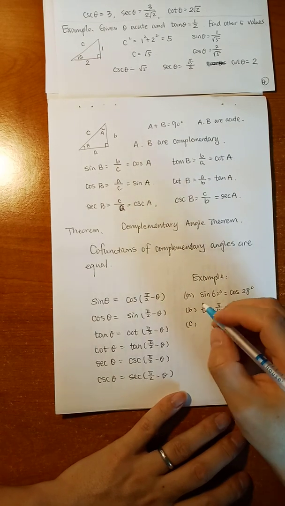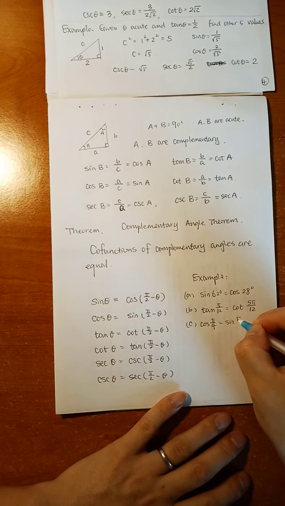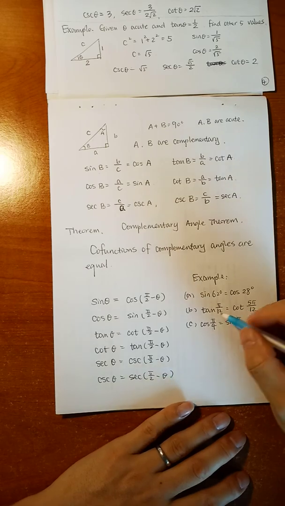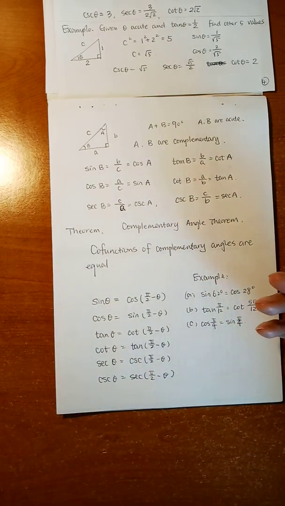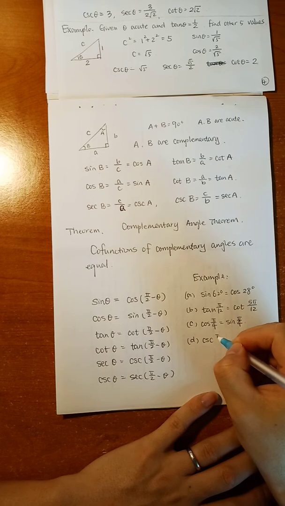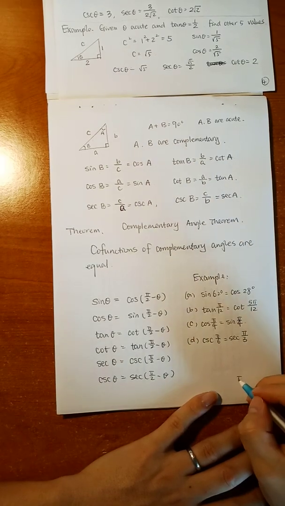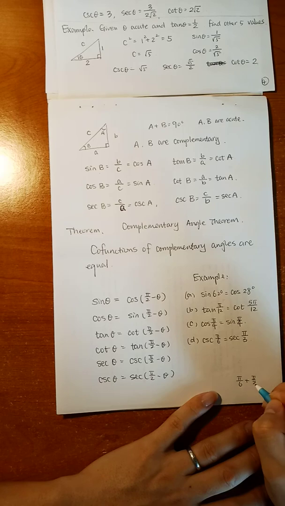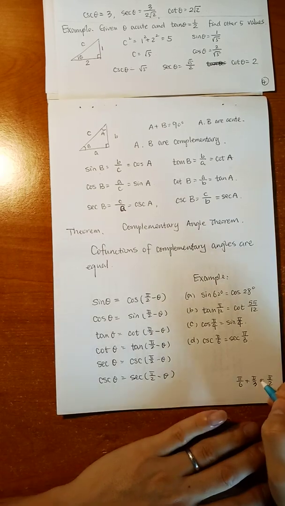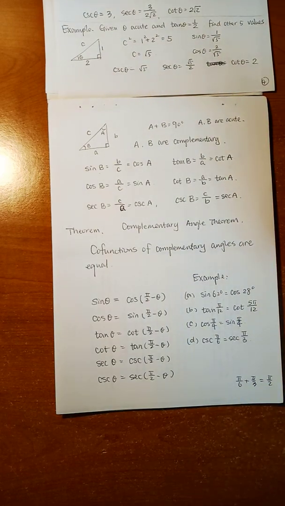Let's see, if we have cosine pi over 4, it is equal to sine pi over 4. This one is a special case. Pi over 4 plus pi over 4 is pi over 2; 45 plus 45 is 90. And cosecant pi over 6 is secant of pi over 6 plus pi over 3. Pi over 6 plus pi over 3 is pi over 2. So they are complementary. So cosecant and secant correspond to each other.